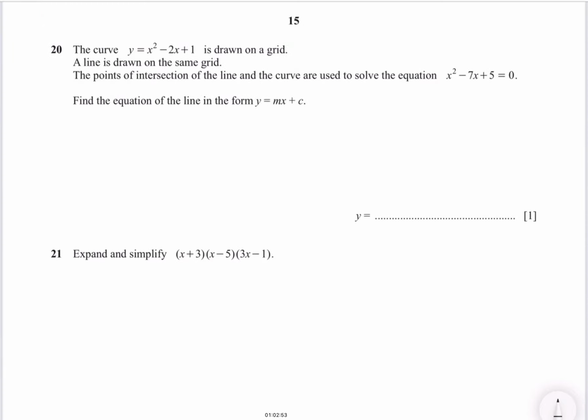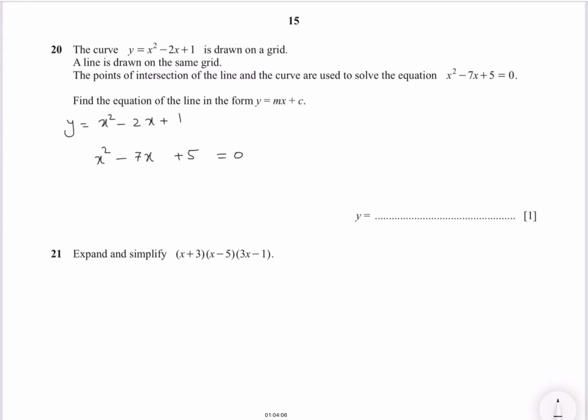So what we can do is use the equation of this curve, and write the equation we have to solve, x squared minus 7x plus 5. Make some gaps between them, because we have to convert this equation into the equation of the curve. So x squared is the same.